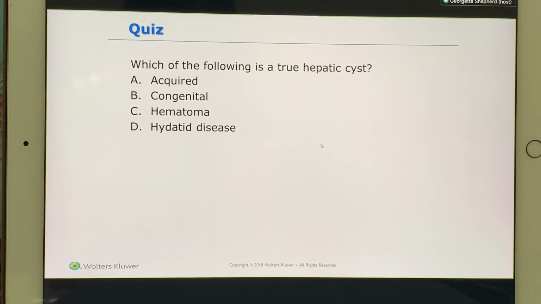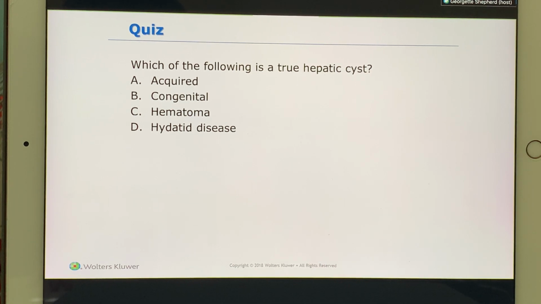Which of the following is a true hepatic cyst? Congenital. Congenital. What's a hydatid disease? It's aquatic. A tapeworm. Yeah, tapeworm. What's a hematoma? Also, trauma.